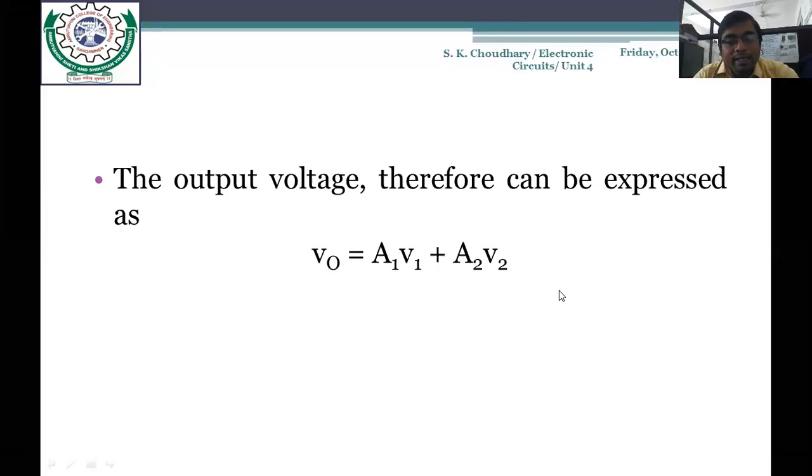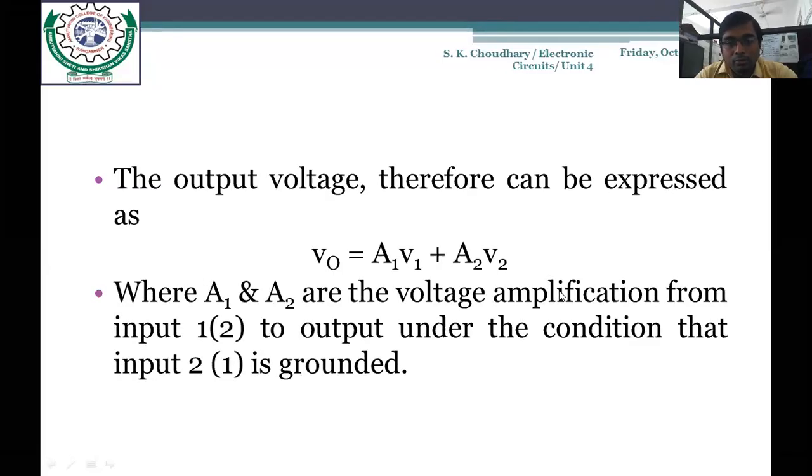Now your output voltage becomes a combination of both the inputs as well as the two gain parameters A1 and A2. A1 and A2 are voltage amplifications. A1 is the voltage amplification from input 1 to the output under the condition when input 2 is grounded. So A1 is measured when V2 equals 0, and A2 is measured when V1 equals 0.